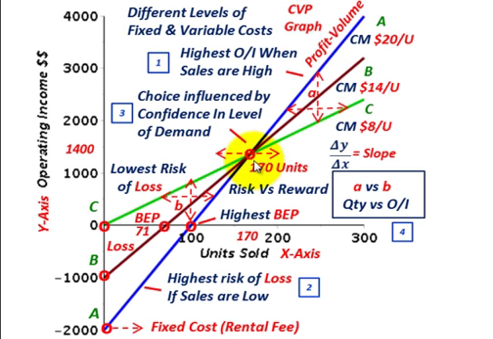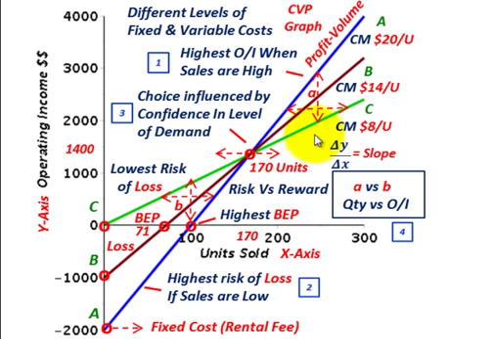Looking at the case where we have greater than 170 units in sales, let's just pick some point and say we have higher sales, around 250 units. Comparing those 250 units sold, you can see option A has by far the greater operating income.